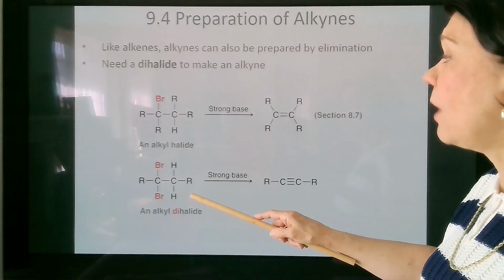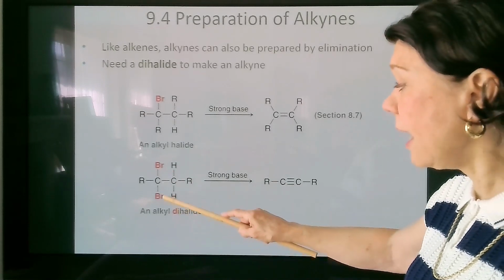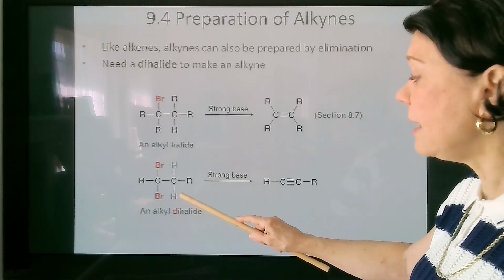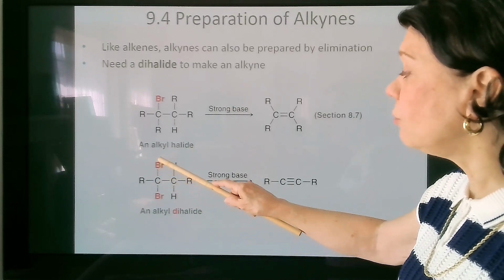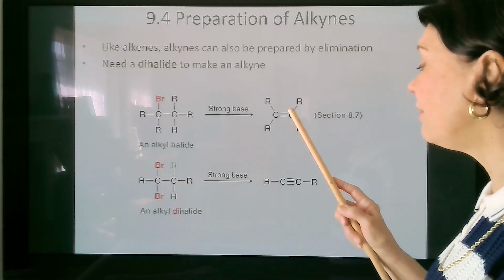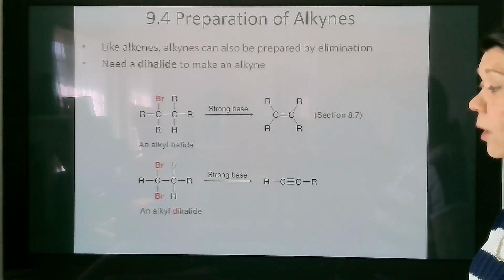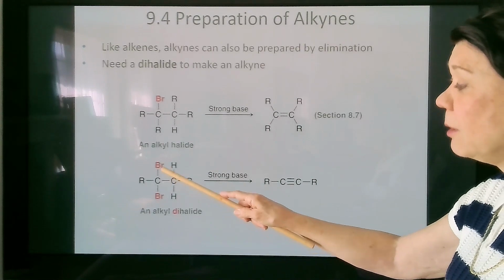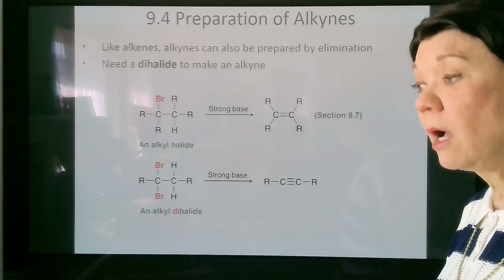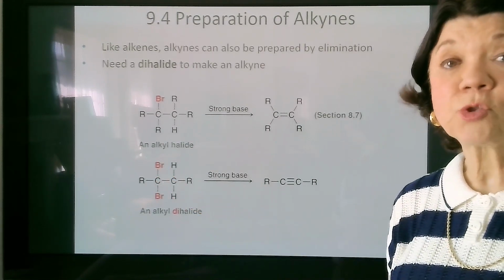Similarly, if you have a dihalide, you can have the strong base come in, deprotonate, the pair of electrons moves in, and then you lose Br, and then the second equivalent of strong base would come in and deprotonate. You get another double bond and lose bromide again. It is a stepwise reaction.